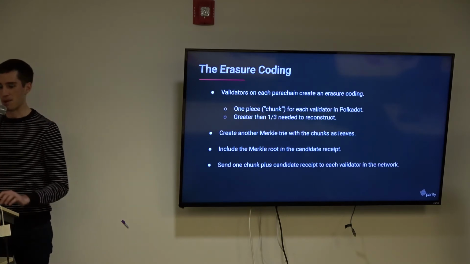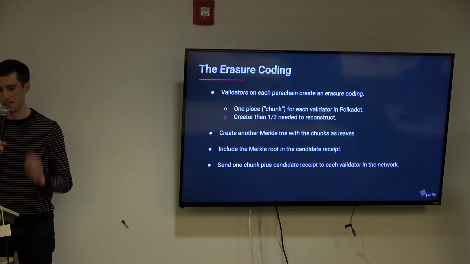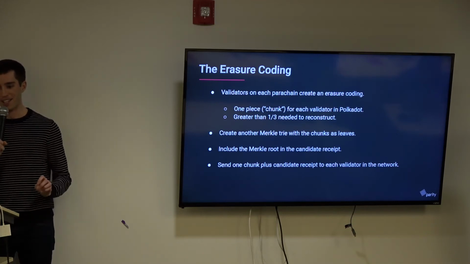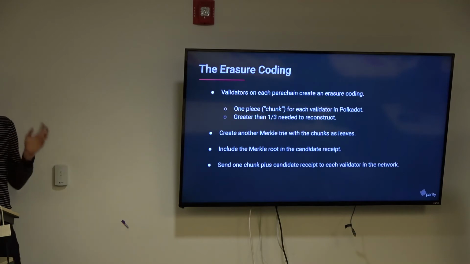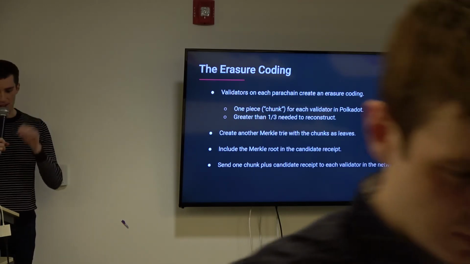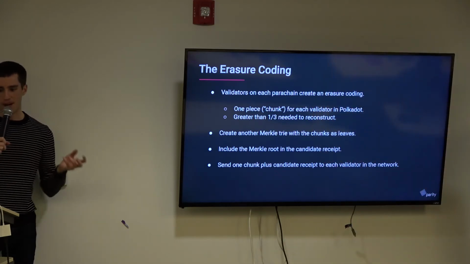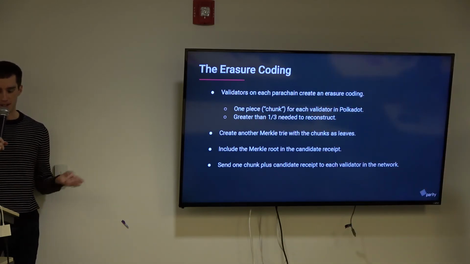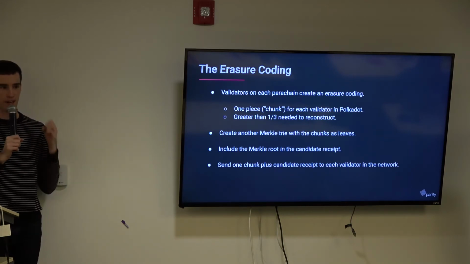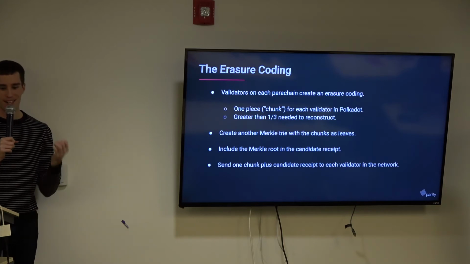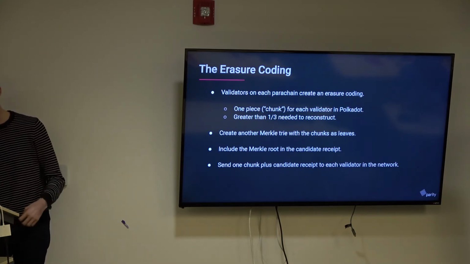So the erasure coding. This is super boring, even to me. We're going to take this PoV block and make an erasure coding. There's no good visual way to do this, but an erasure coding is where you take some message and break it into a bunch of smaller messages such that some fraction of those messages can reconstruct the original message.